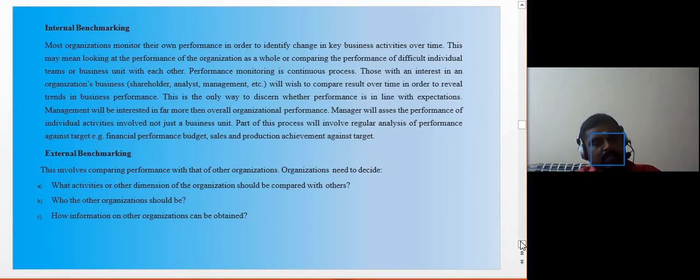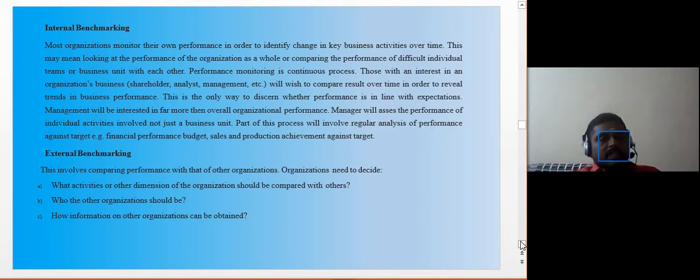Performance monitoring is a continuous process. Those with an interest in an organization's business, such as shareholders, analysts and management, use it to discuss whether performance is in line with expectations. Management will be interested in far more than overall organizational performance.